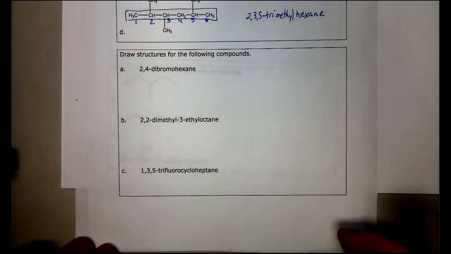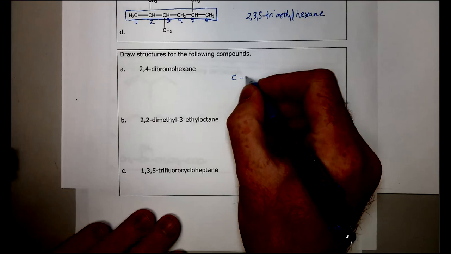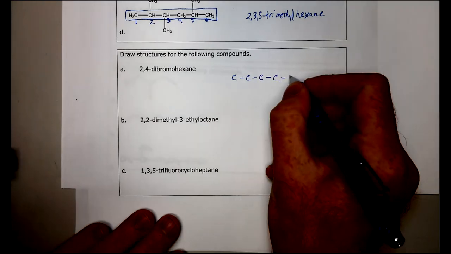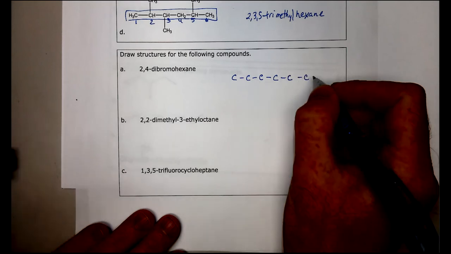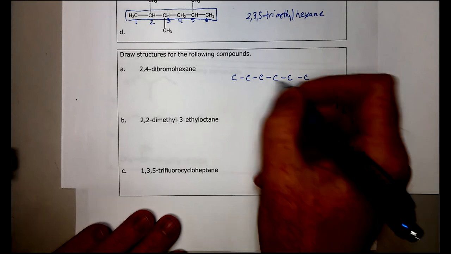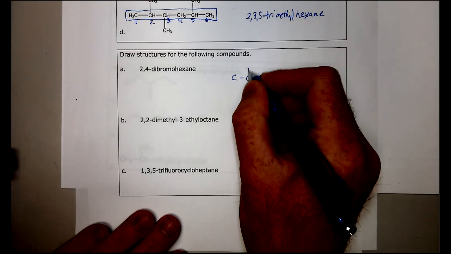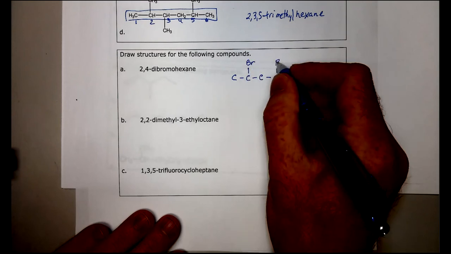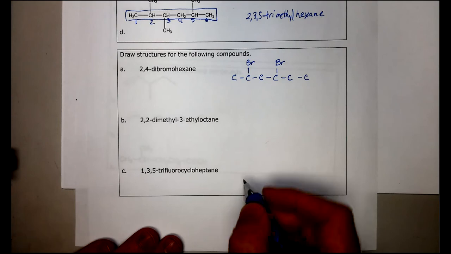Now we can do it the other way and look at drawing structures for those compounds based on the name. So if we got hexane, we got 1, 2, 3, 4, 5, 6. Where's the bromines? 2 and 4, so we're going to stick a bromine there and a bromine there. Then we just have to really fill in the octets, or up to 4 bonds, with hydrogen.